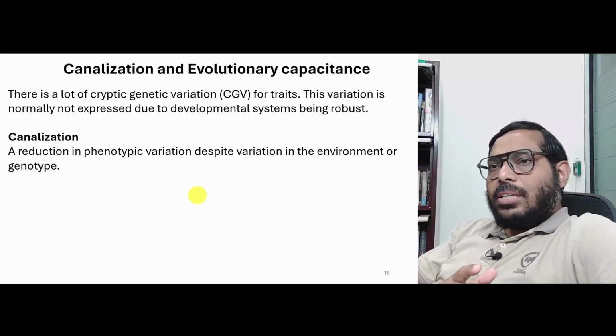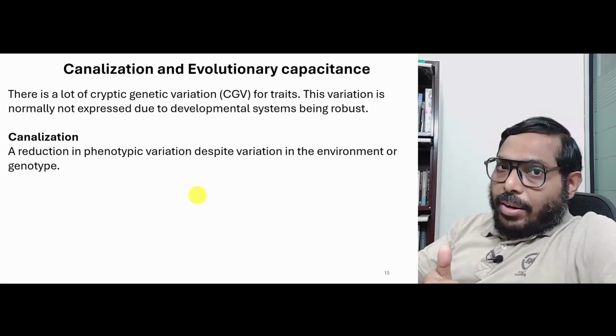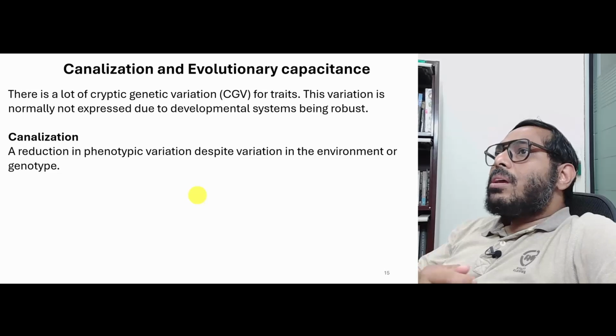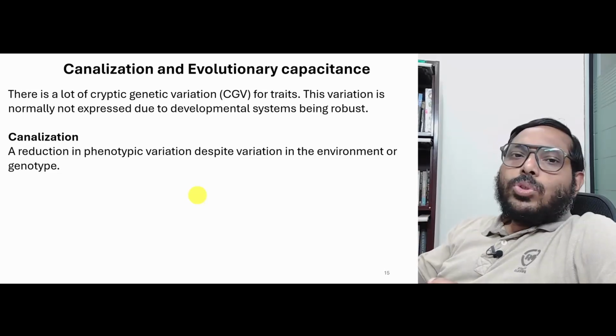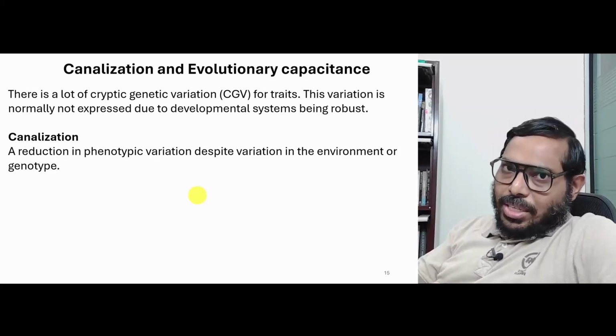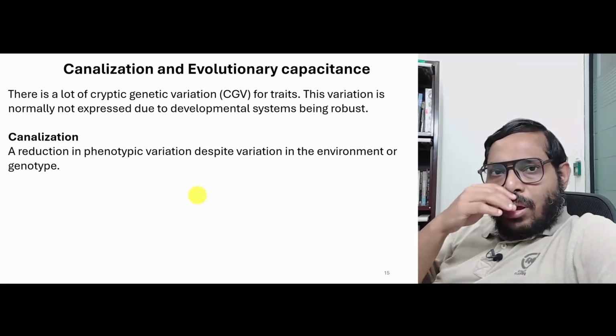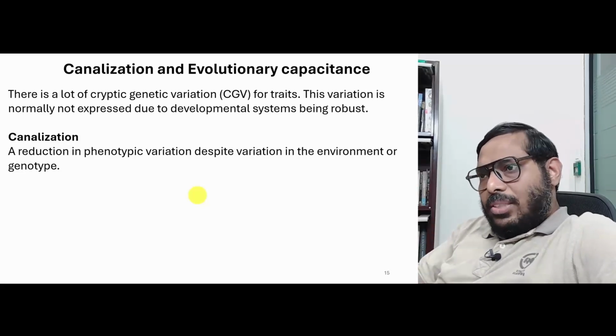Now, as you can imagine, this is a very, very important phenomenon. Why? Because all organisms are being continuously exposed to all kinds of environmental variation. As we saw, sometimes there can be small mutations at the genetic level as well.